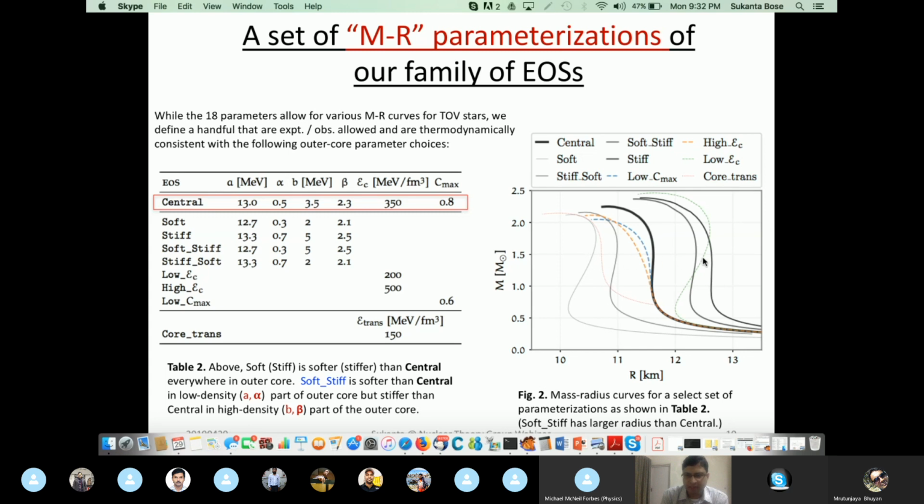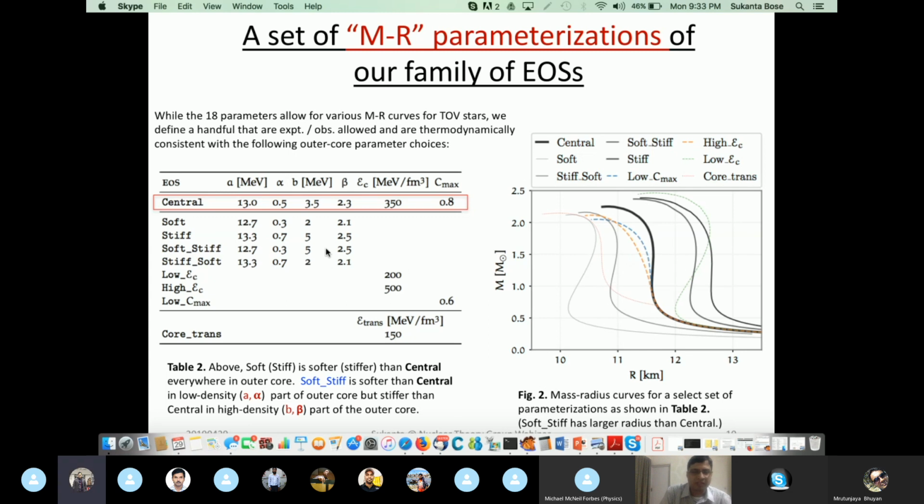That will be a somewhat thin slab here. But if the radius is measured, say at 11.5 kilometers, plus minus again 10%, that will tell you that you cannot change these values, about our central value, by more than what is already sandwiched between, roughly speaking, the stiff-soft and soft-stiff equations of state.